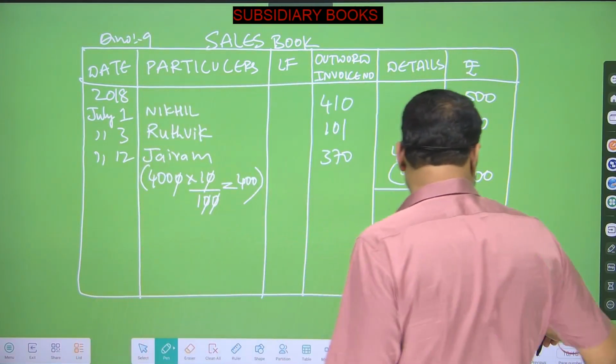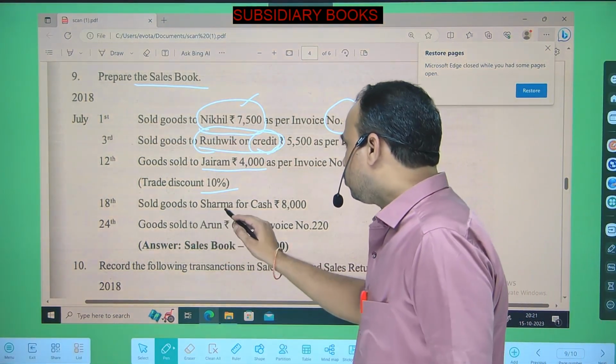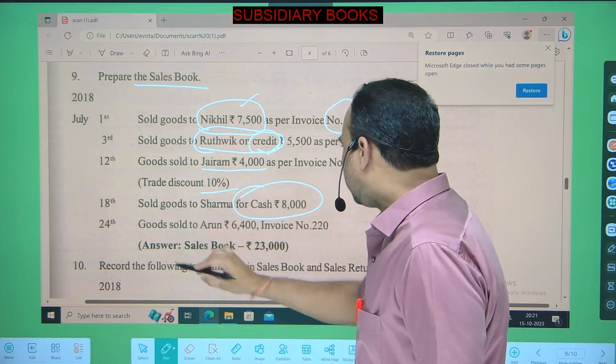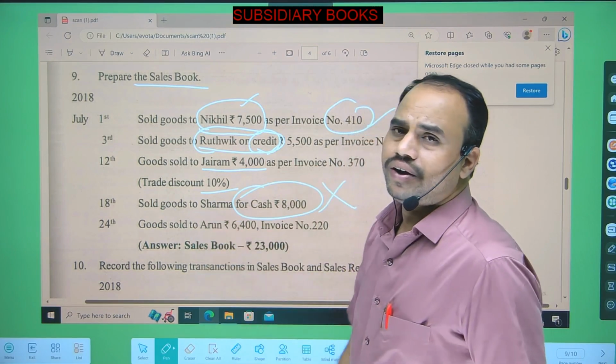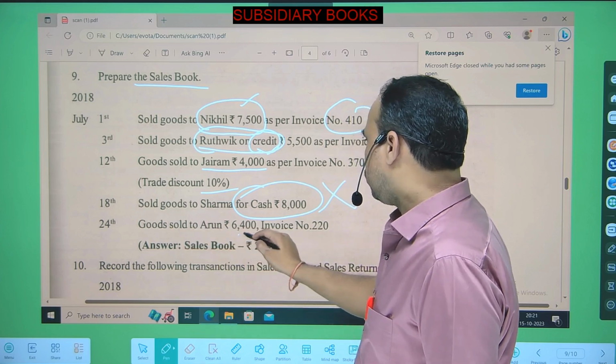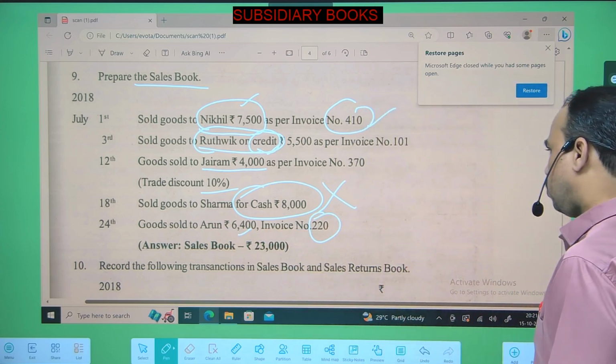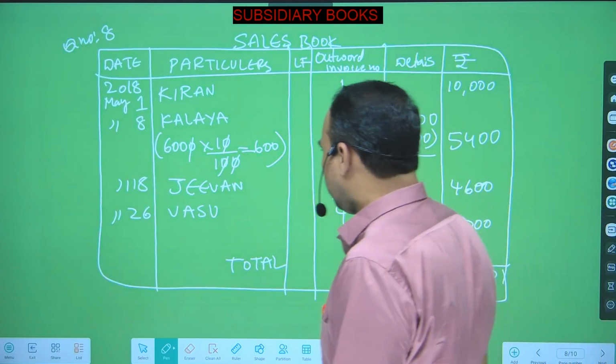Okay, see the next transaction. What is given in the next transaction? Sold goods to Sharma for cash. We will not record. Okay, next, goods sold to Arun 6400, invoice number 220, 24th date.